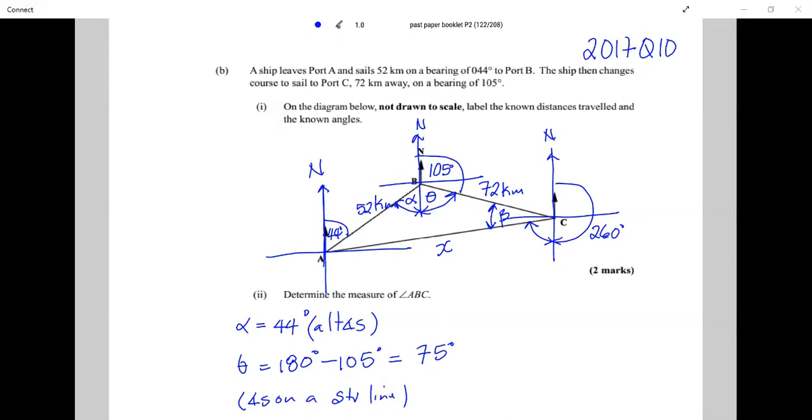I already told you that after you apply cosine rule to a triangle, if you're going to find out anything else, you must apply sine rule.